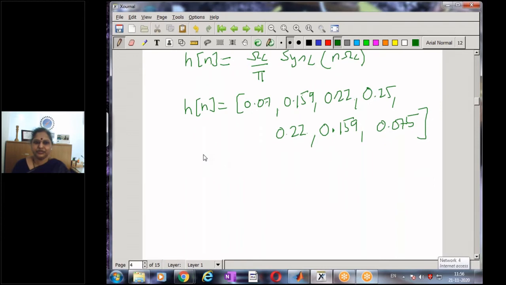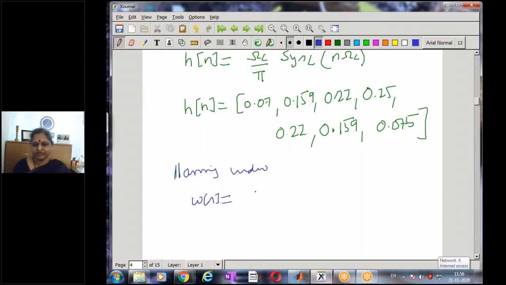Now let us use one window function. For example, let us take the Hamming window. Let's take the design using the Hamming window function. So what is W of n in that case?